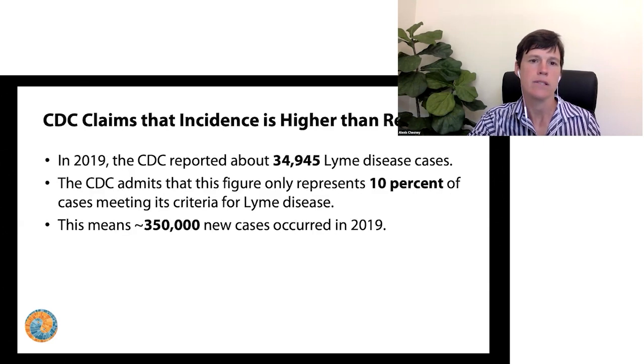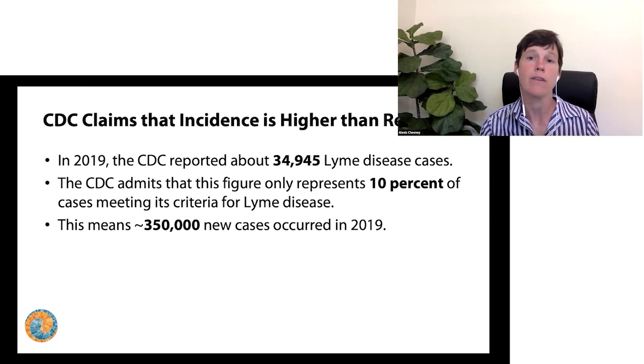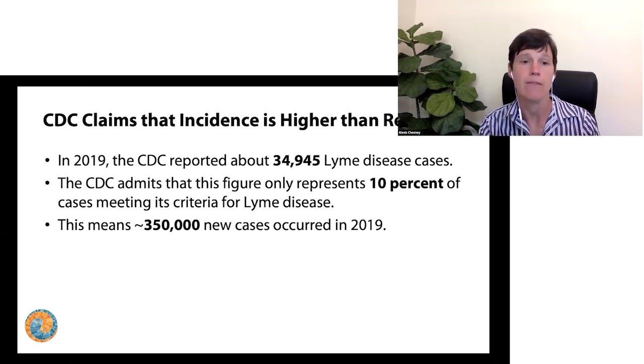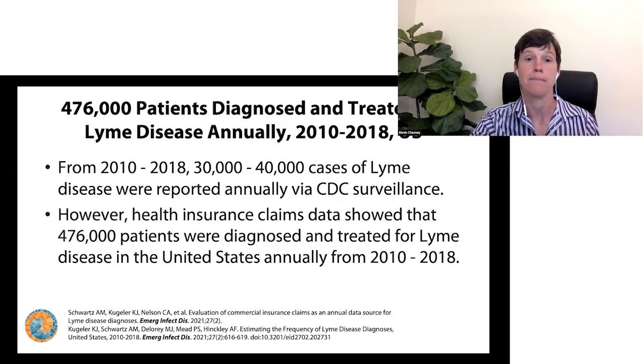And the CDC actually claims that incidence is higher than reported, and I think this is really important. So in 2019, they reported about 35,000 cases, but they admit that this figure only represents 10% of the cases meeting the criteria. So they're saying actually there's probably 350,000 new cases that occurred in 2019.